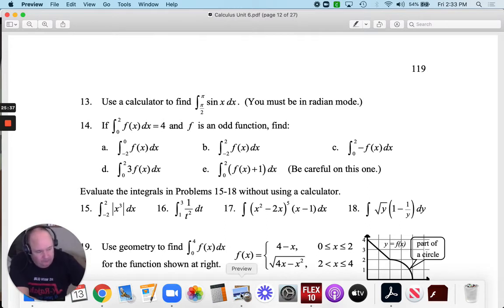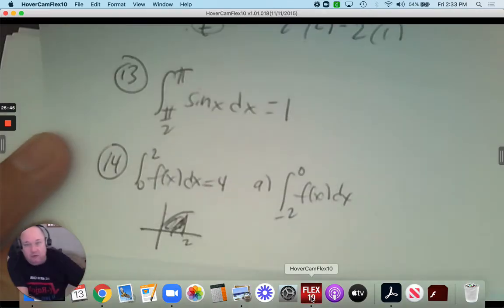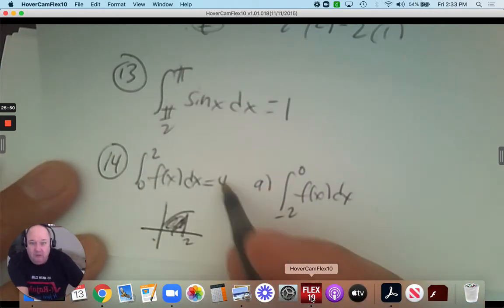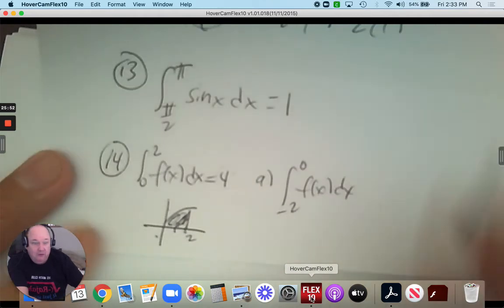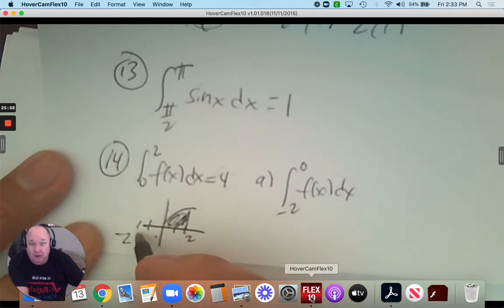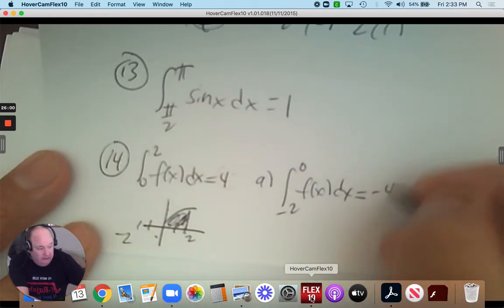So let's look at the first one. So I don't really know what it looks like, but if I have a visual of it, it can help me understand it better. So from 0 to 2, if I shade it in, is 4. It's above the axes. So from negative 2 to 0 would be the same area, but below. That's what it means to be an odd function. So this area would be negative 4.